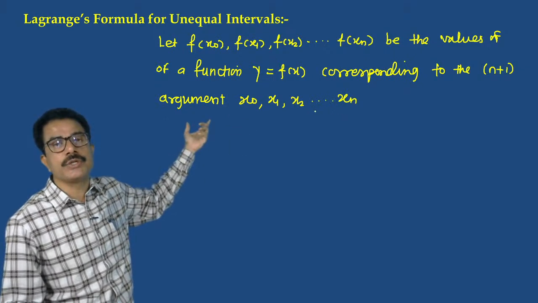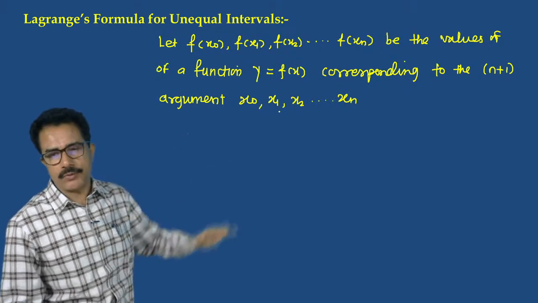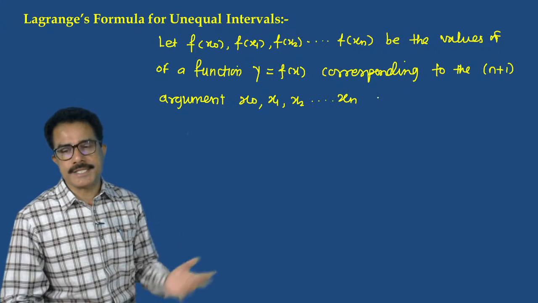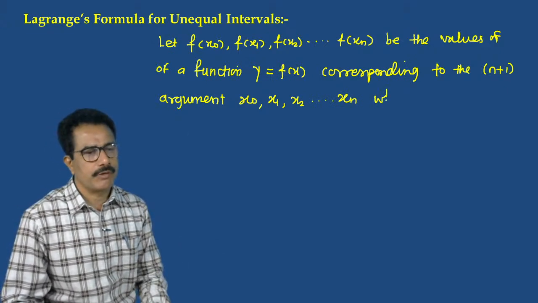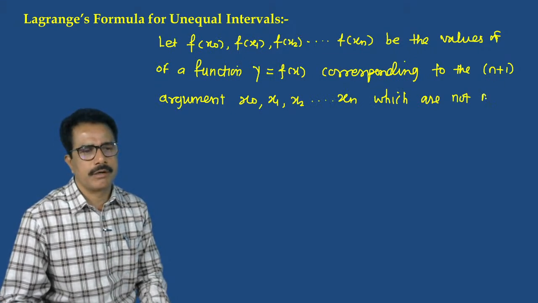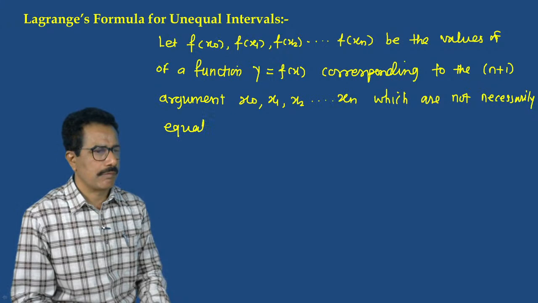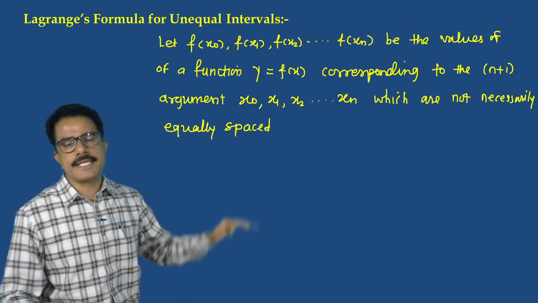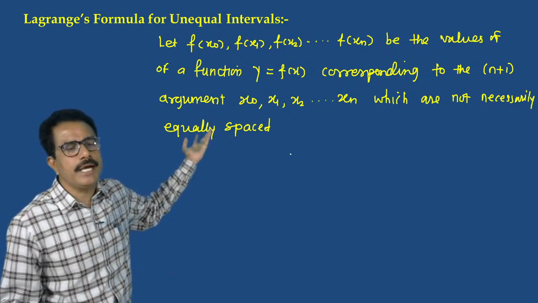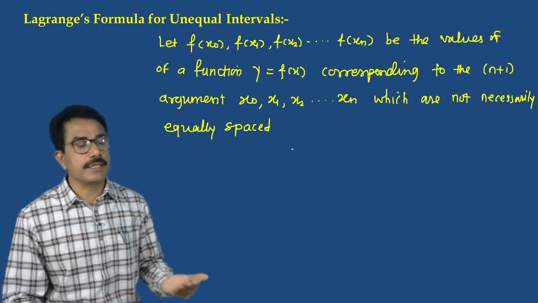If we add x0 to them, then we will get n plus 1 arguments, which are not necessarily equally spaced. It may be that some of them are unequally spaced. Okay. Now we consider the function.